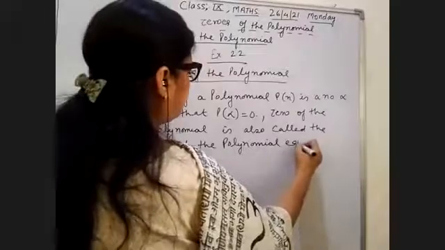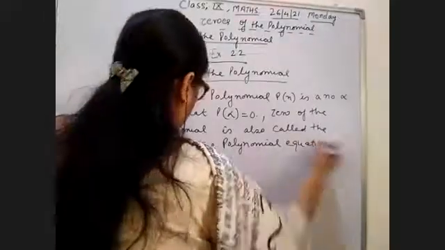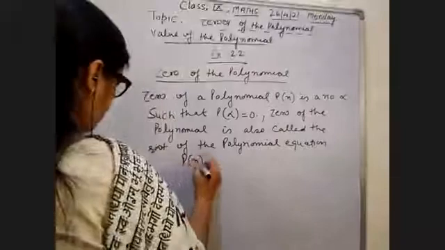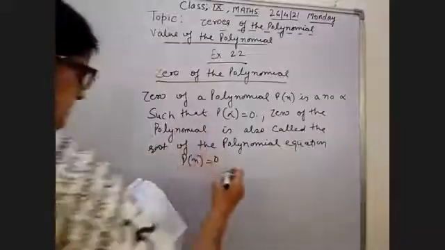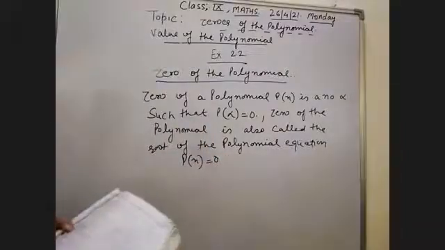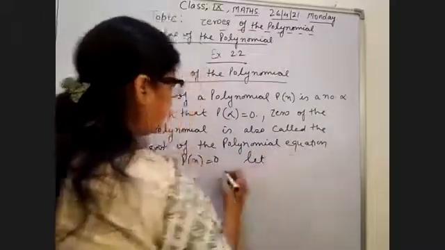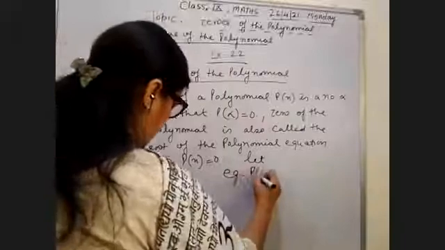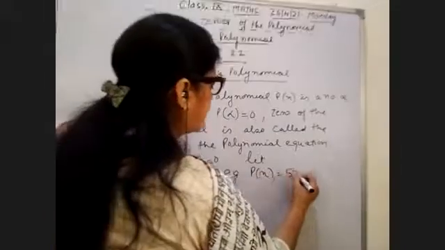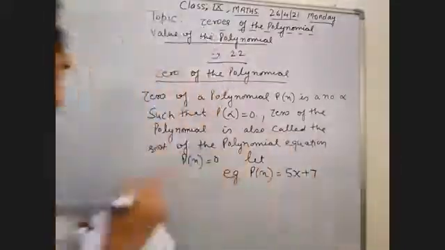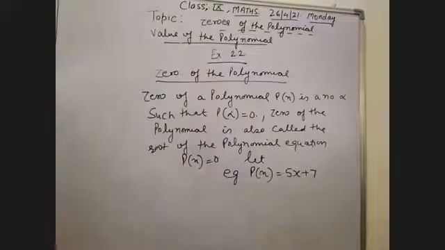What does it mean? I explain with the example. Let's take the example polynomial Px equal to 5x plus 7. So what value will I put here?